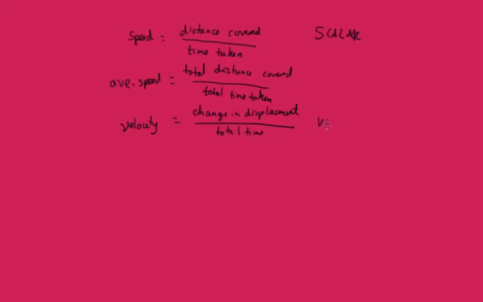And this is a vector. And again, we need to define the point of origin. So, say we have a car, this is the point of origin, and we have a little car. If it goes in this direction, we can call that the positive direction, positive velocity. But if it goes in this direction, it can have a negative velocity.